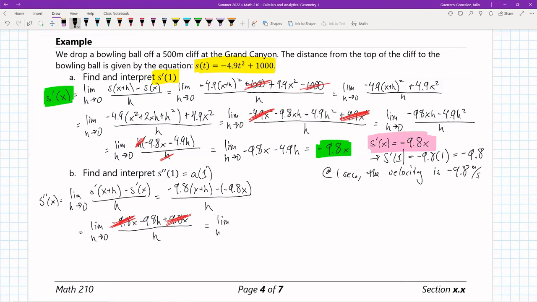Limit as h approaches 0 of negative 9.8h over h. This one's a little simpler. The h's cancel out much easier. I get left with the limit as h approaches 0 of negative 9.8, which is just negative 9.8.